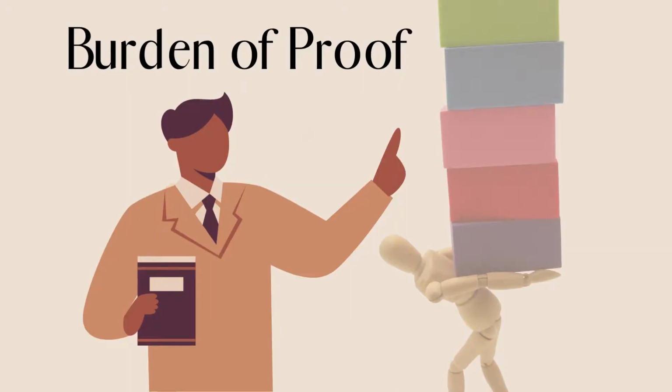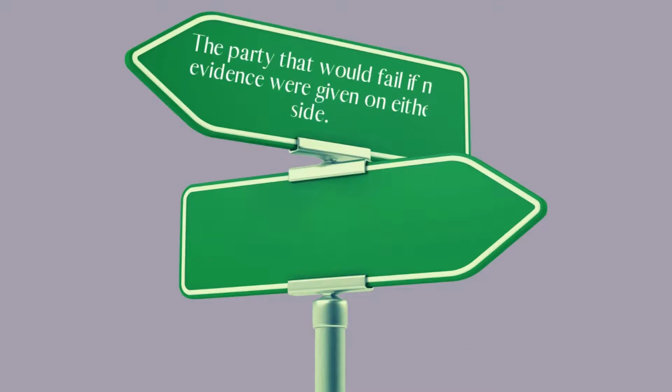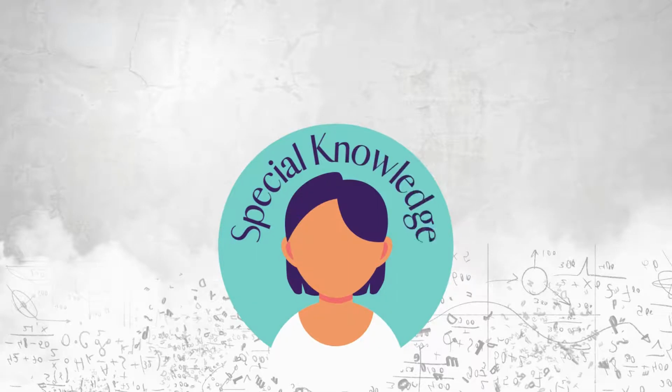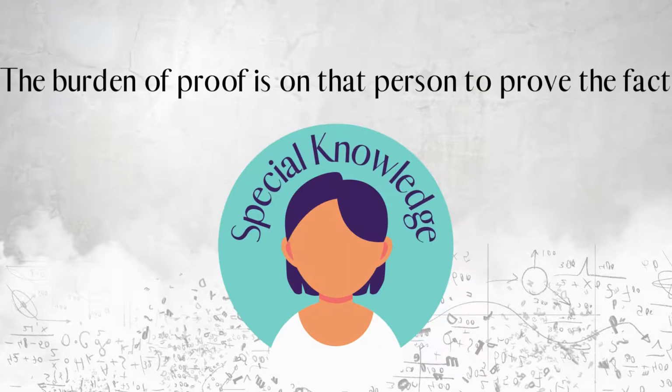Burden of proof. The burden of proof in both civil and criminal proceedings is on the party that would fail if no evidence were given on either side, the party asserting a claim or who intends to persuade the court of any fact. If any fact is in the special knowledge of a person, the burden of proof is on that person to prove the fact.